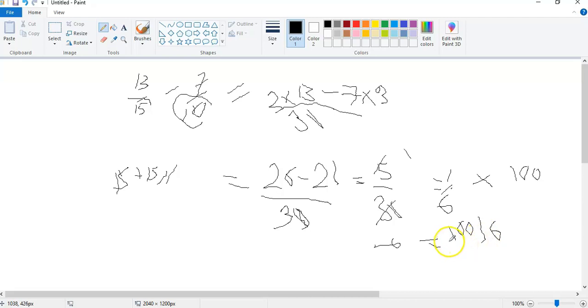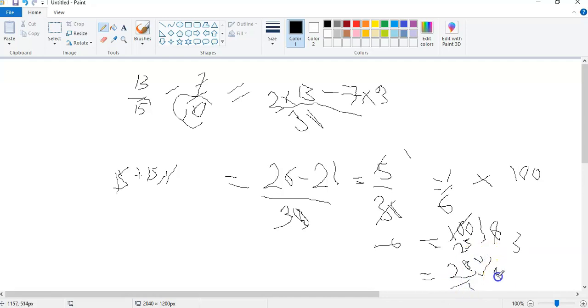Okay. Now 2 can go here 25 times. Then 2 can go here 3 times. So we have 25 over 3, percentage.